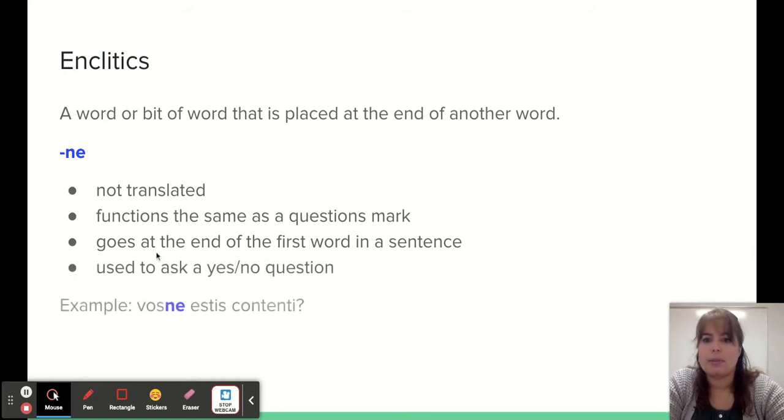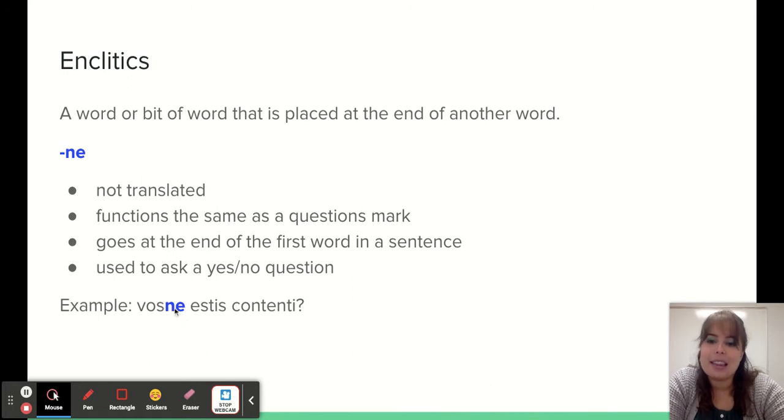Typically it's going to be a yes-no question. So we have, for example, vos ne estis contenti. We have vos, meaning y'all. This is our new pronoun we saw last chapter. Estis, our verb to be, for y'all are. And contenti, satisfied, contentus, or content. If we didn't have the ne, and we just had vos estis contenti, just a period, it would be y'all are content, or you all are content.